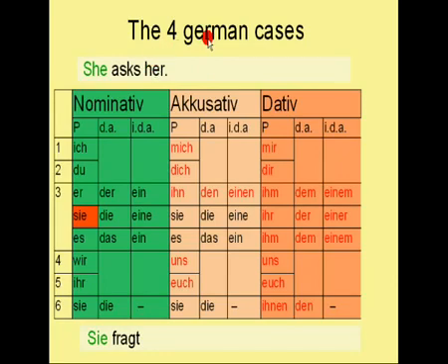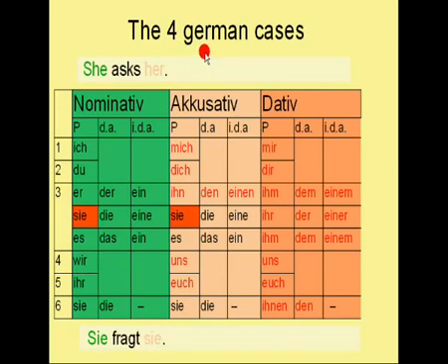Is it an indirect object or a direct object? Well, in the German language, after the verb fragen always follows a direct object. So let's see what are the pronouns for the direct object. They are here. They are the accusative pronouns. And which accusative pronoun stands for her? It is the pronoun sie, because her is feminine and in the third person singular.